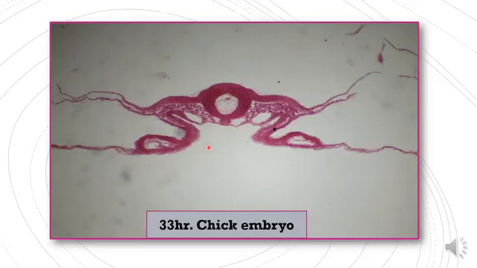Also in these sections you can see anterior and posterior folding. In these sections you can see part of the neck region of the C shape of the embryo. You can see these are the two limbs of the U shape of the heart tube.